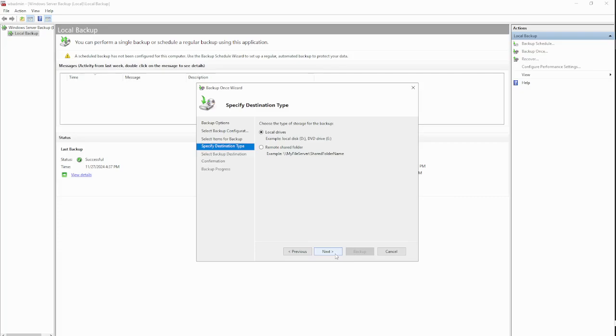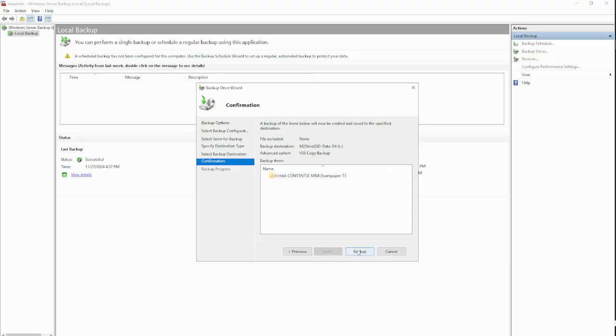Next, local drive or remote shared. I am going to create a local drive only. Total backup in the destination, free space in the backup. I am taking the L drive now. Next, backup. So now I am creating a backup in the L drive.